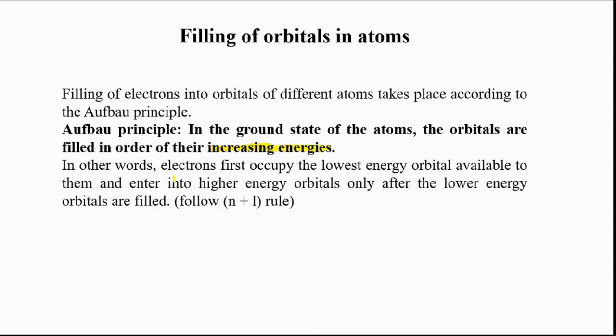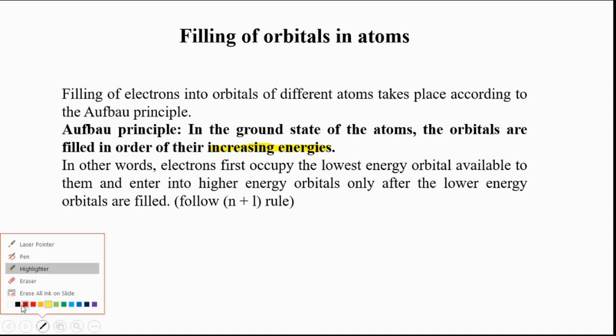Okay, so what does this mean? In other words, the electrons first occupy the lowest energy orbital available to them and enter into higher energy orbitals only after the lower energy orbitals are filled. So we have to first keep filling the lower energy orbitals and then go to the high energy orbitals.